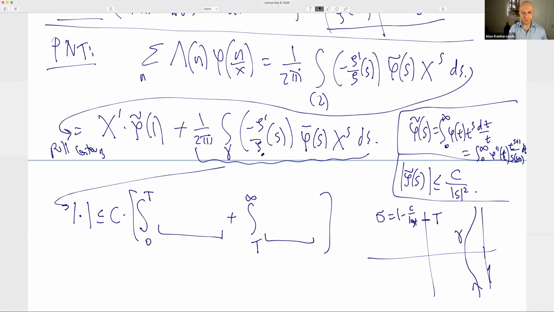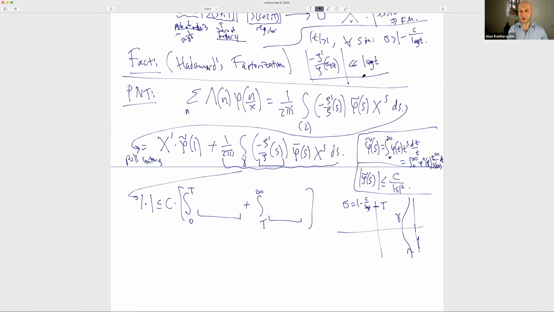When we're in this range, I apply the bound that I have on ζ'/ζ, which is this log t bound. So I bound that by log t. I bound φ̃ by 1 over t². And I bound x^s by x^σ, and σ, on this entire region, the real part, is at most 1 minus constant over log T, dt.